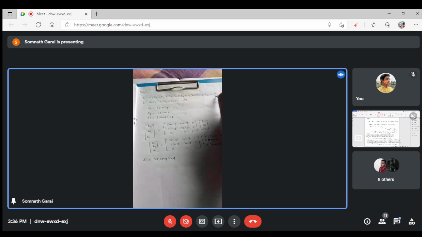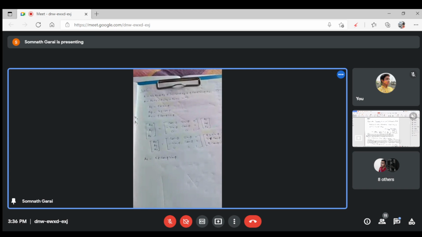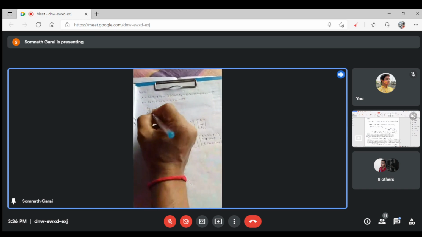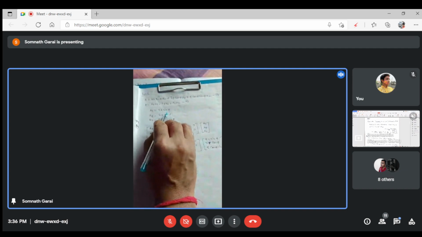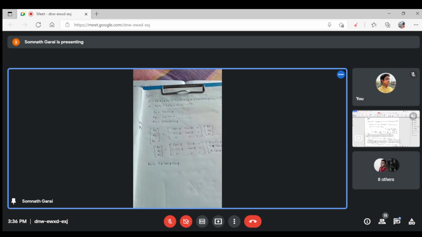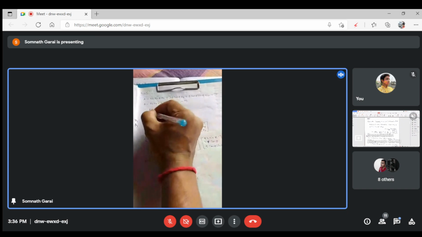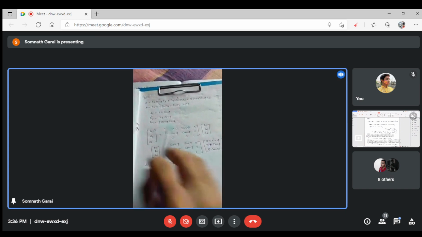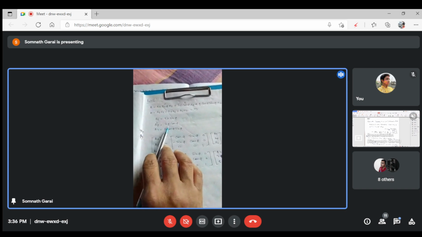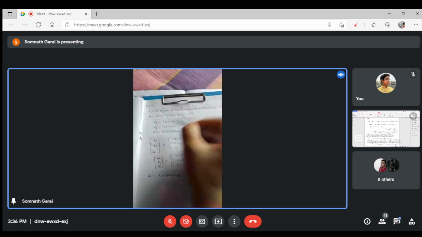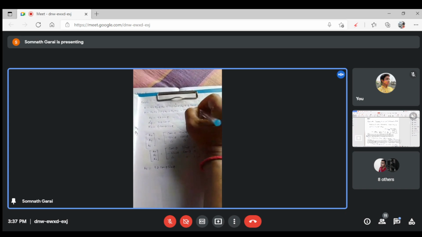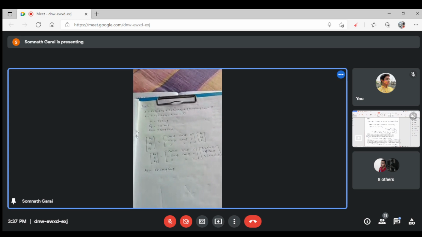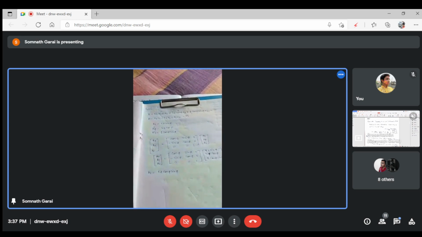Now, if we compare equation number 1 and equation number 2, then we get the component A rho is equal to rho z sin phi. That is the component of A rho, and A phi is equal to 3 rho cos phi, and Az is equal to rho cos phi sin phi. So these are the three components.